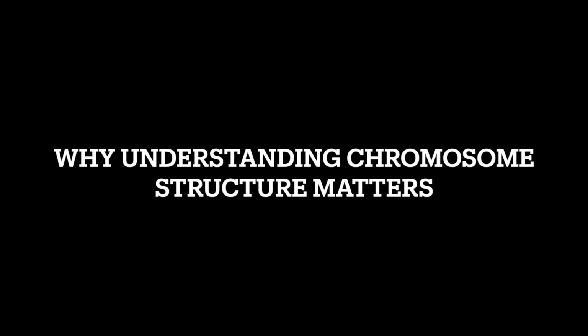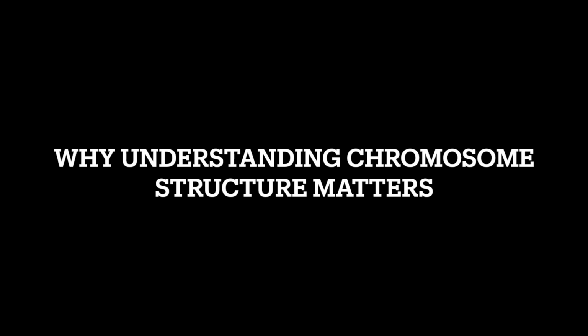Now, I know I keep ranting on and on about cancer and chromosome structure. The reason that I do is cancer, as far as we can tell, most of it is a genetic disease. Chromosomes break, they reform, they do all kinds of strange things that we need to understand what is going on.